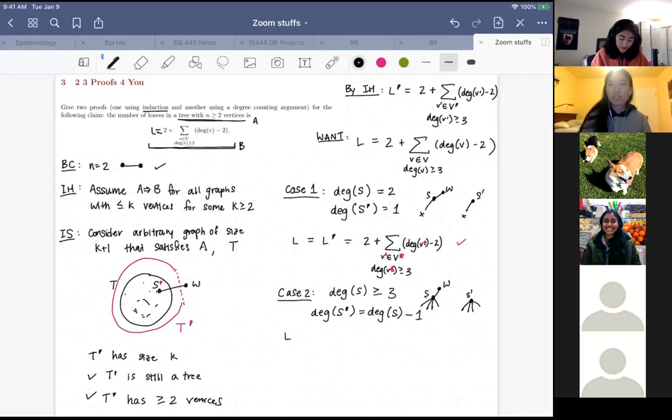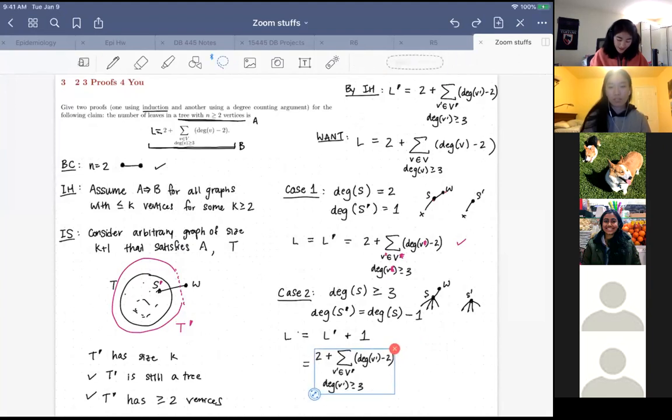Now we have the issue that the number of leaves in T actually went down. We got rid of W and we didn't gain another leaf. So the number of leaves in T is 1 greater than the number of leaves in T prime. So we can go ahead and plug in what we know from our induction hypothesis, plug in that L prime is equal to this summation right here, paste that, L prime plus 1.